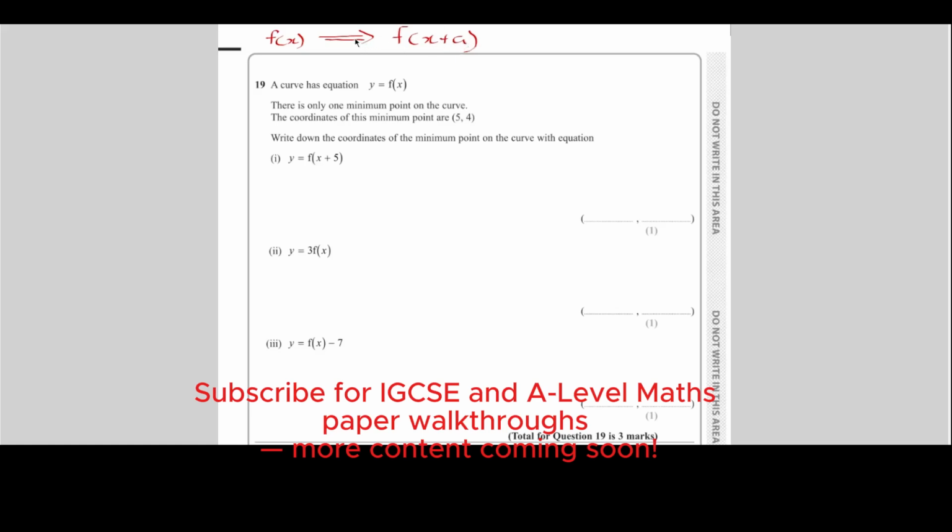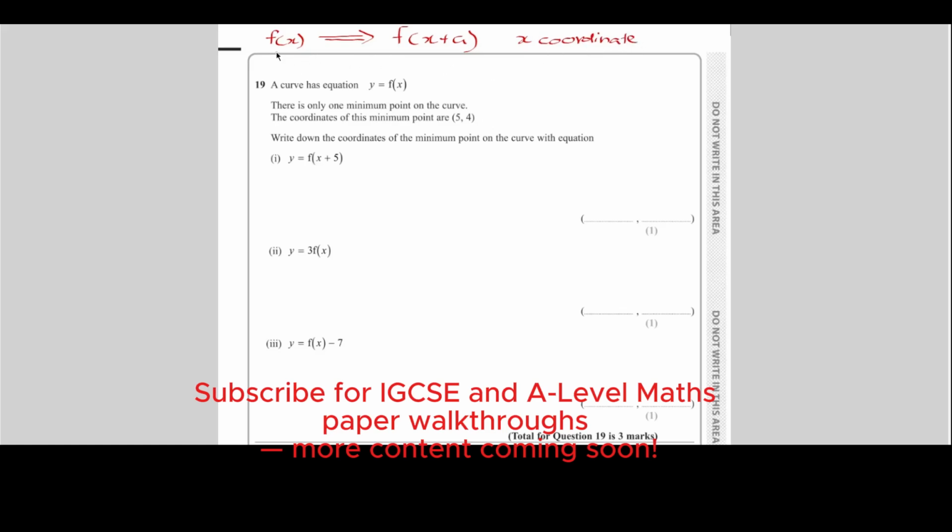If you spot that the change has happened inside the bracket of this equation, this is the original equation. In this original equation, inside the brackets, x has been added by a. Inside the bracket, it is always the x coordinate that gets changed.